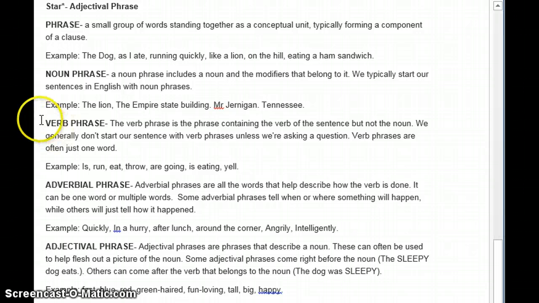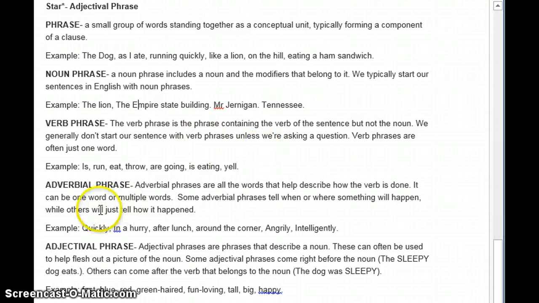Now let's move on to talk about verb phrases. A verb phrase is a phrase that contains the verb of a sentence but not the noun. We generally don't start our sentences with verb phrases unless we're asking a question or issuing a command. Verb phrases are often just one word, but they can be multiple words if it's a helping verb with a main verb involved.